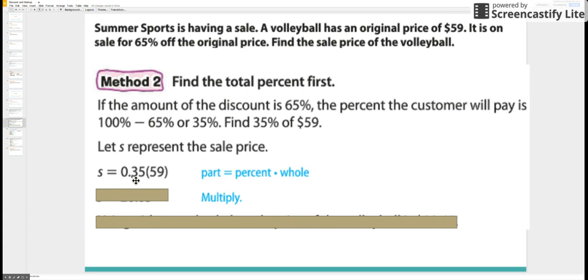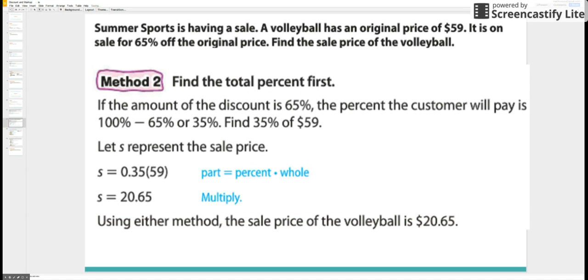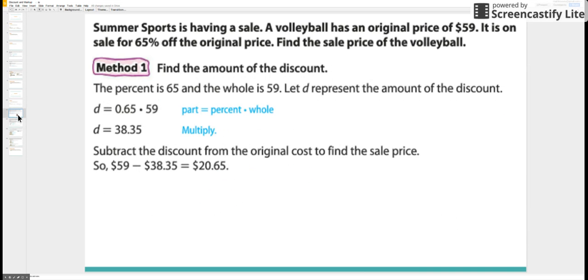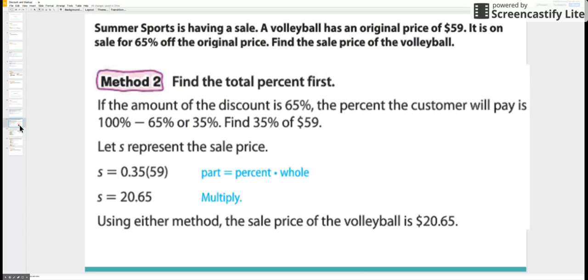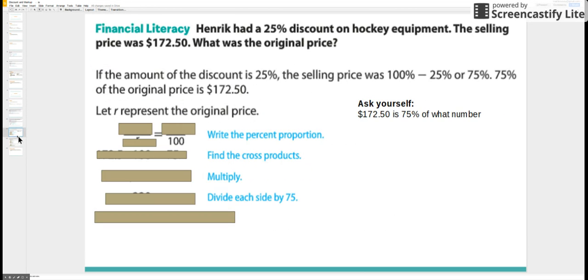So move the decimal over 2 places to the left, 0.35 times $59. You would get $20.65. So your total selling price is $20.65. $20.65 represents the 35% that you, the consumer, are actually paying for. Okay, using either method, you still get $20.65.